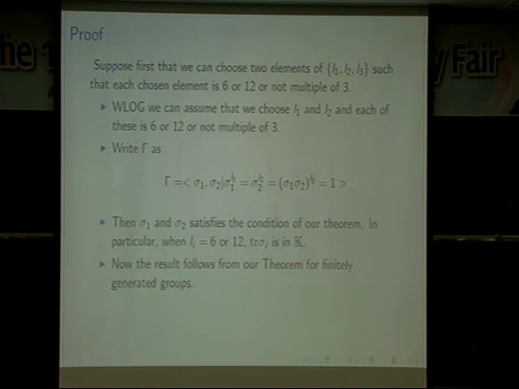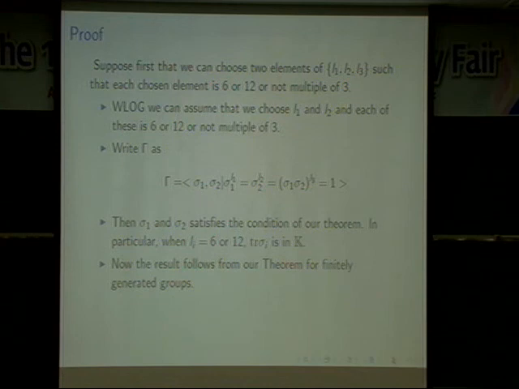The smallest field of definition for Ad gamma is generated by the traces of Ad of g, where g is an element of gamma.